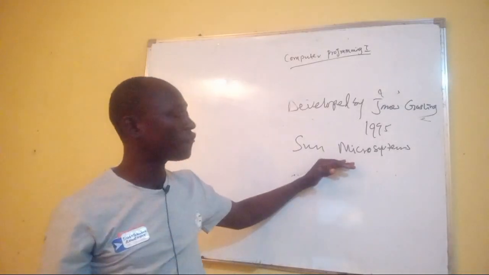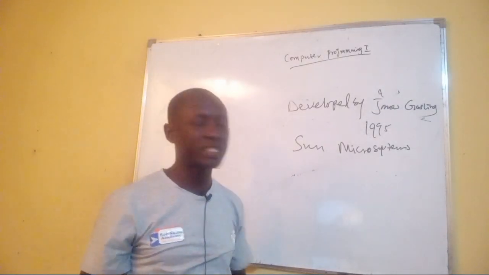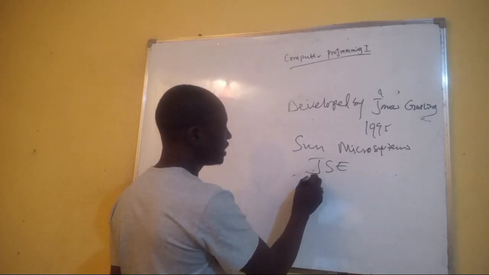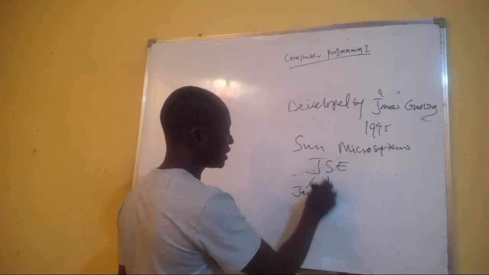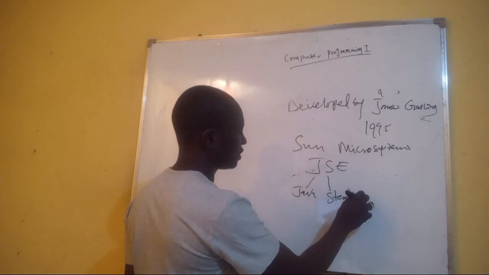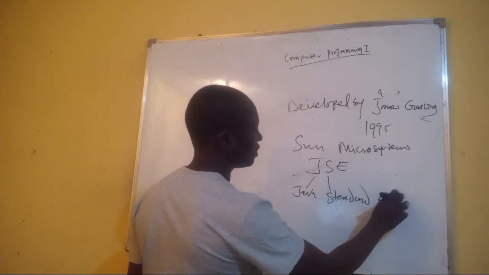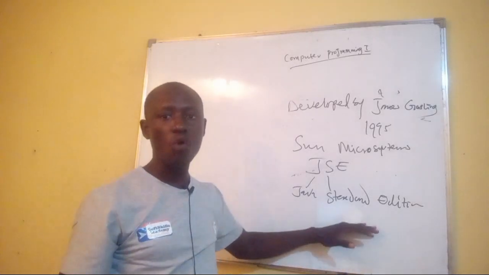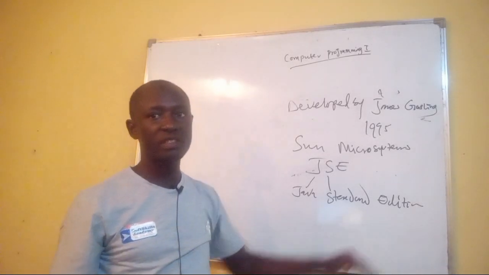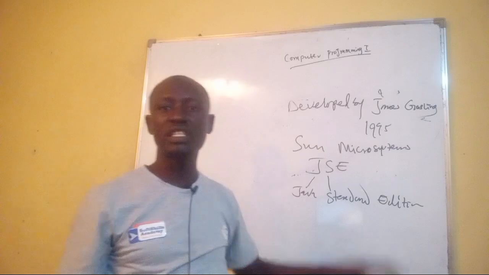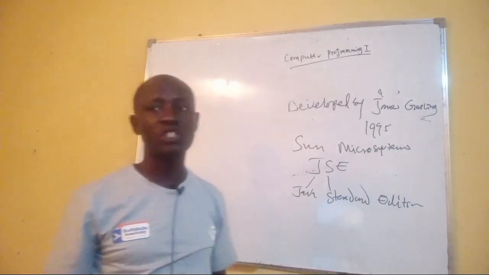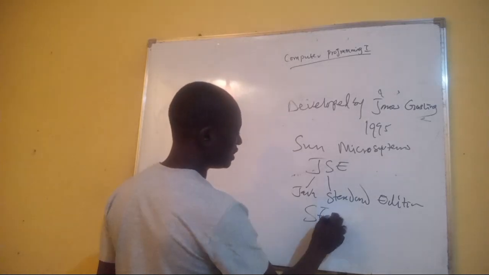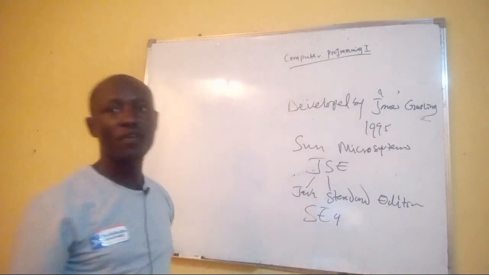The first edition of Java programming is called JSE, which stands for Java Standard Edition. This Java Standard Edition is the core component from Sun Microsystems, and the latest release of it is called SE9, that is, Standard Edition version 9.